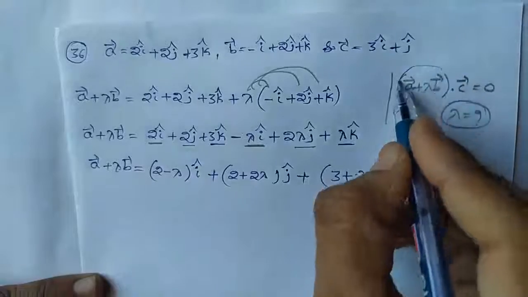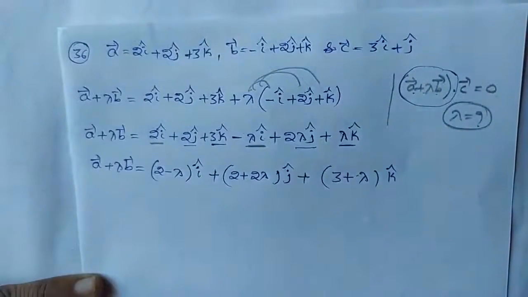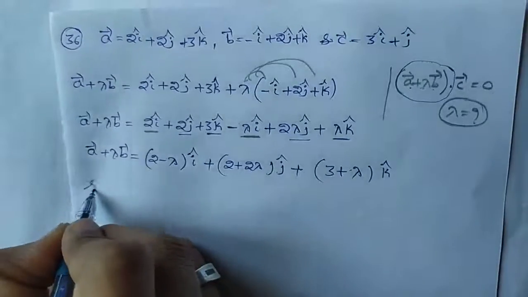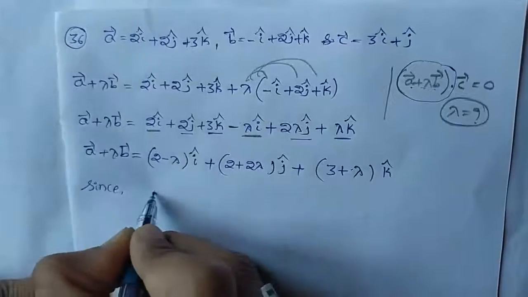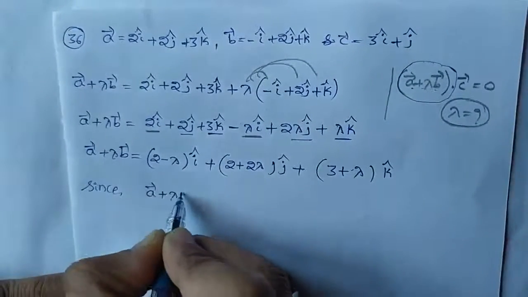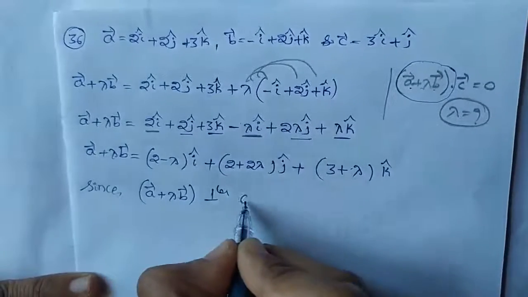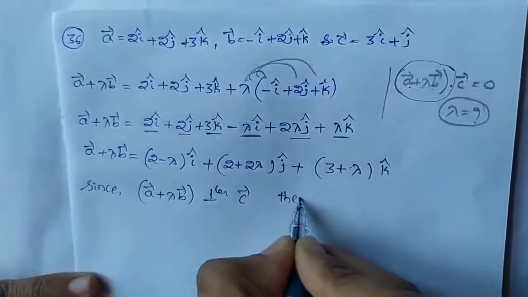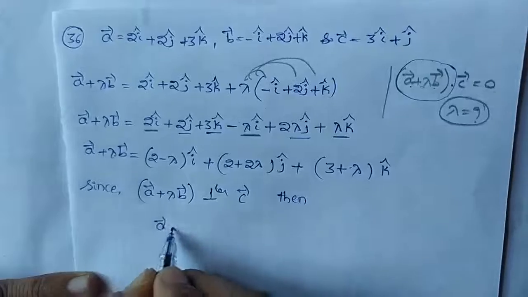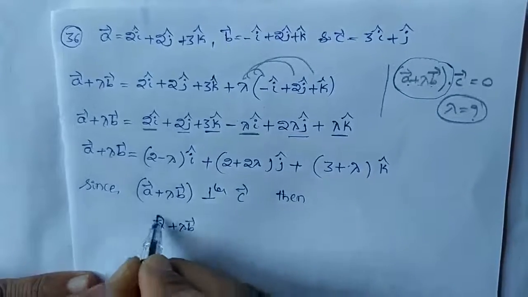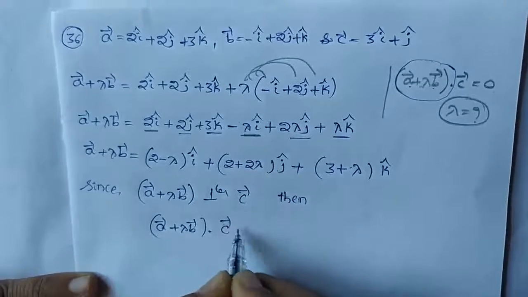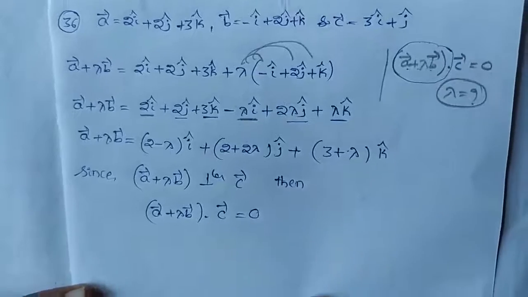Now apply this condition. Since a plus lambda b vector is perpendicular to c vector, a vector plus lambda b vector dot c vector is equal to 0.